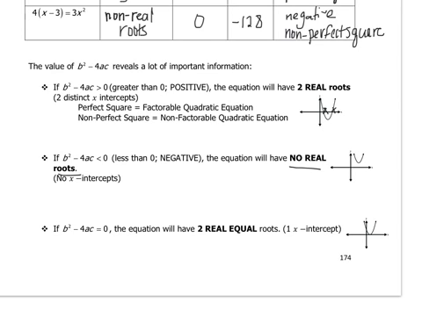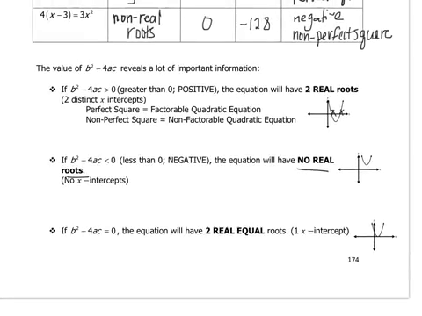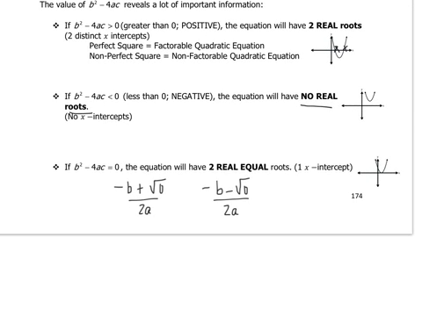And the last type is if you end up with a value of b squared minus 4ac that was 0. That means the stuff under the root sign would be the square root of 0, which is 0. So you'd end up with 2 answers that were exactly the same: negative b plus the square root of 0 over 2a, and negative b minus the square root of 0 over 2a, which would both end up being the same value, negative b over 2a, whatever that is.